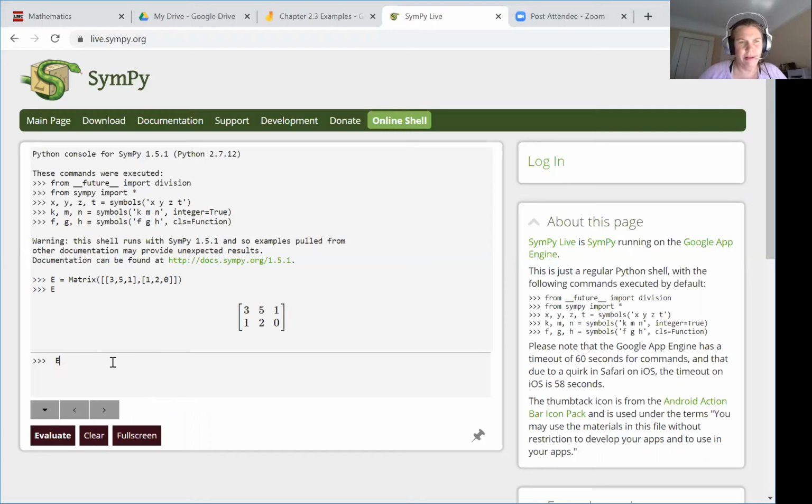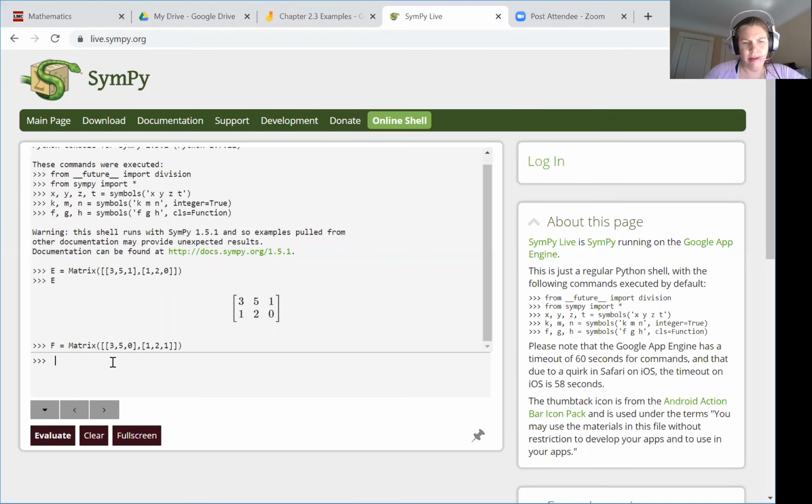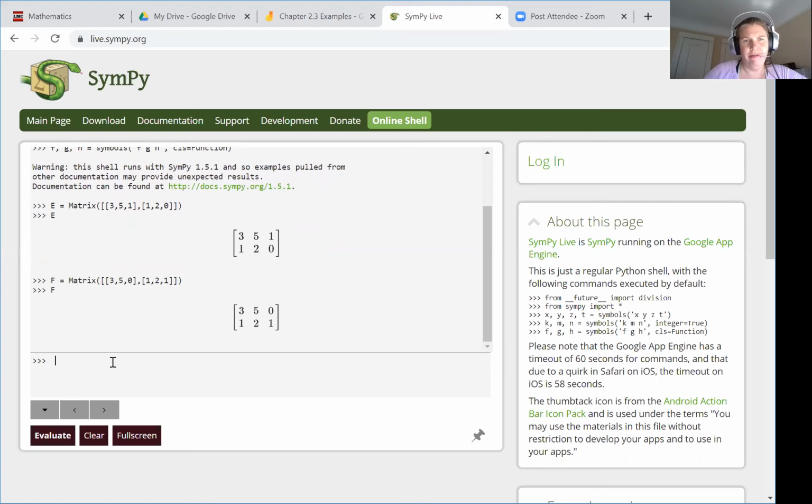And then I'm going to call this next matrix matrix F. So to save some time, I'm just going to arrow up and swap out the last row values here. And then we'll print out matrix F. And here it is. So we can see these are the 2 matrices with different solutions.